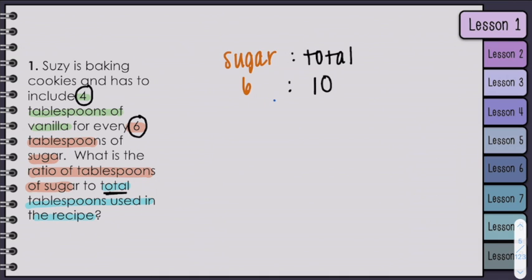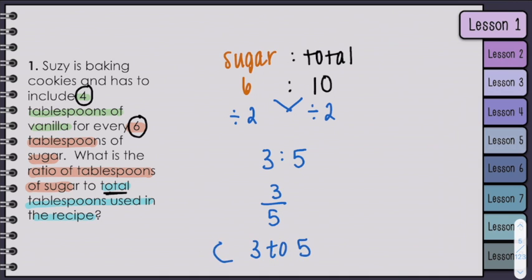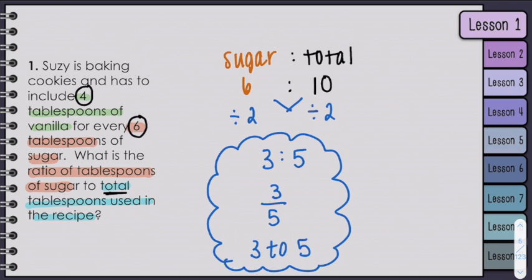You can simplify your 6 to 10. Both can be divided by 2, and then you would get 3 to 5, 3 over 5, 3 to 5. Again, these would be your answers or possible answers to this. Again, you always want to simplify it.